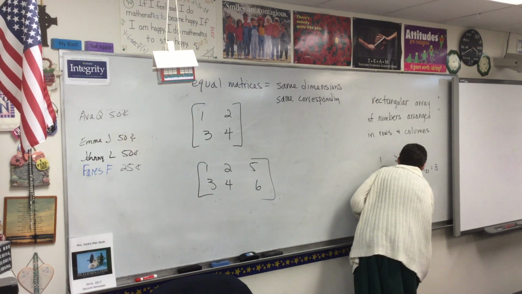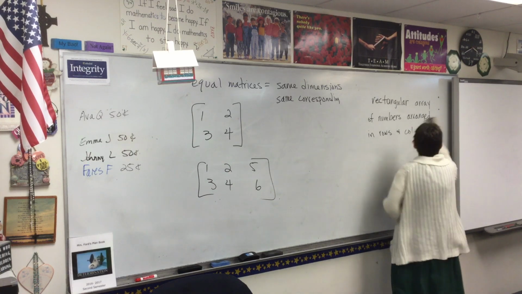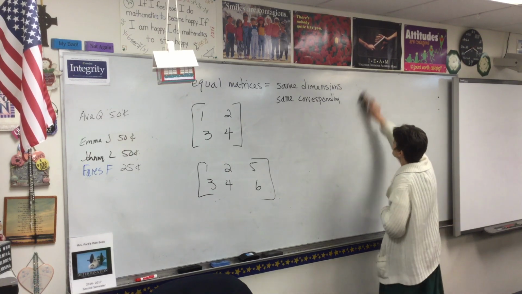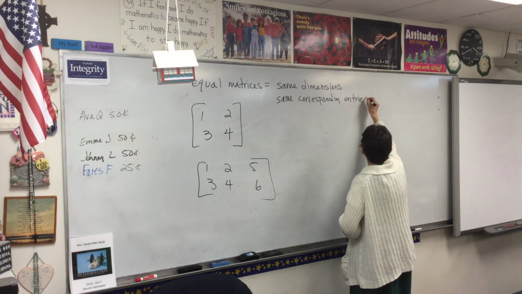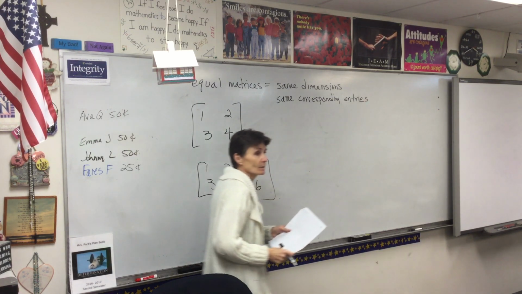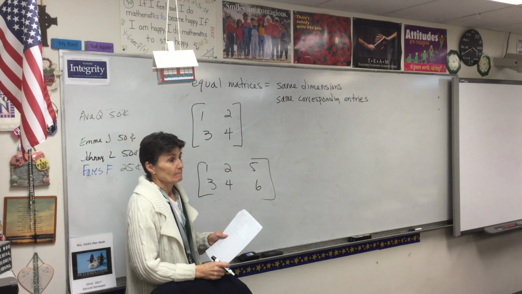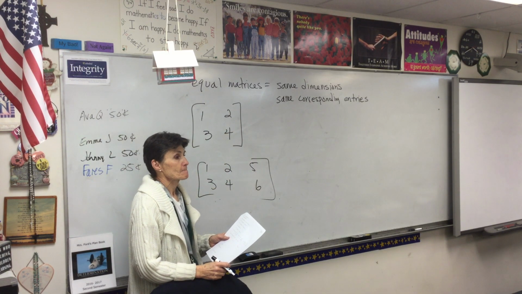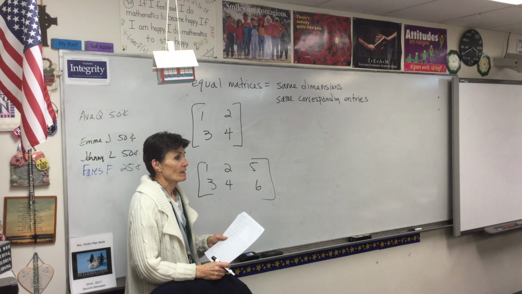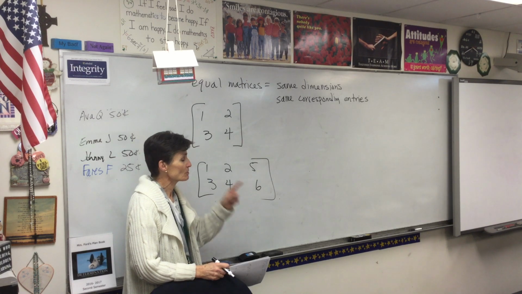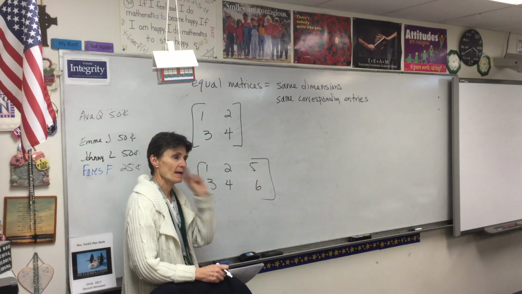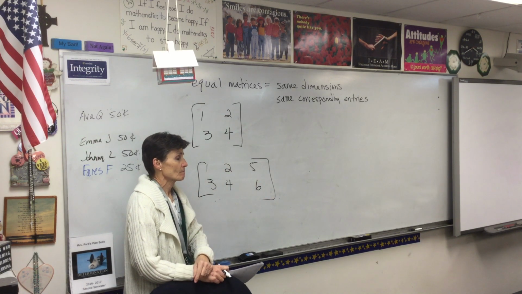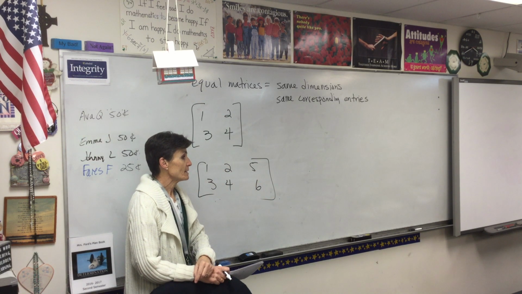So they have to be the same size and they have to have the same numbers in the same spots. All right? So it means they have to literally be exactly the same. They gotta have the same numbers in the same spots. So first row, first column, first row, second column, everything's gotta match up if they're going to be equal.